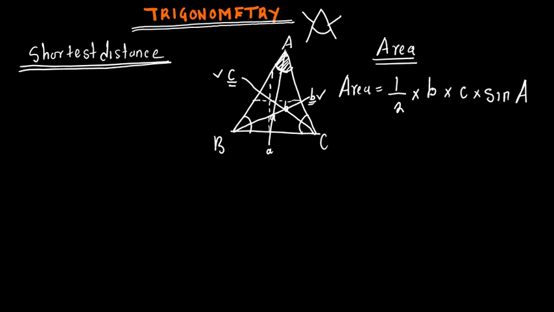Now, the shortest distance is equal to 1 over 2 bh.